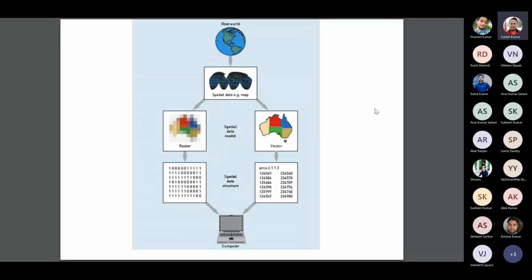Therefore, spatial data models designed to represent discrete entities use point, line, polygon as geometric primitives to form spatial data objects. And when we use any discrete model, which means vector data model, in that case all the geographic entities will have well-defined boundaries.